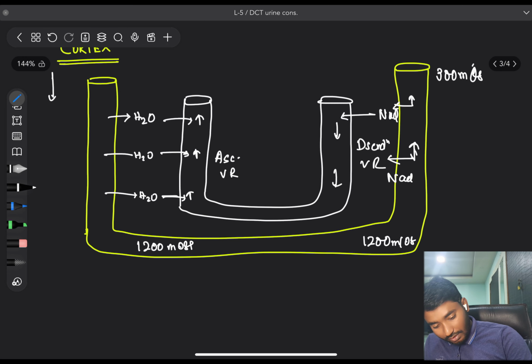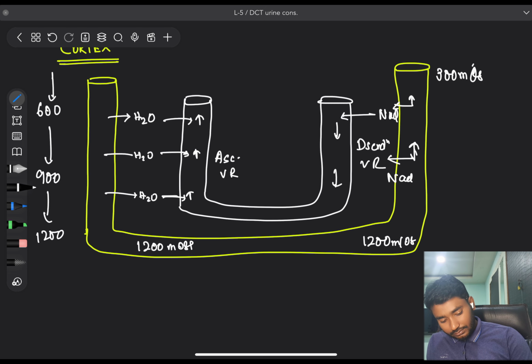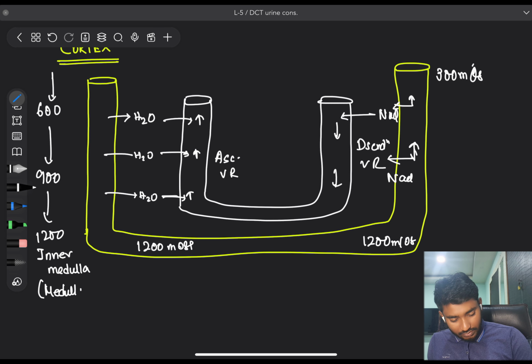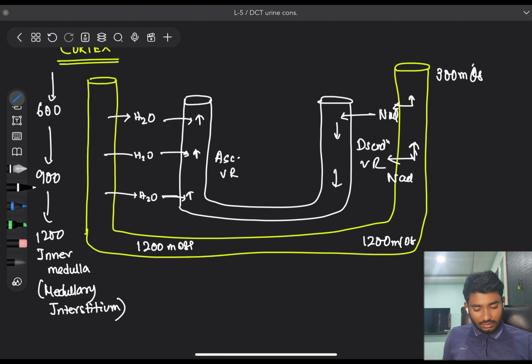Here you can say that in the cortex the osmolarity is 600, then 900, then 1200 in the inner medulla of the nephron. Okay, there is the medullary interstitium.